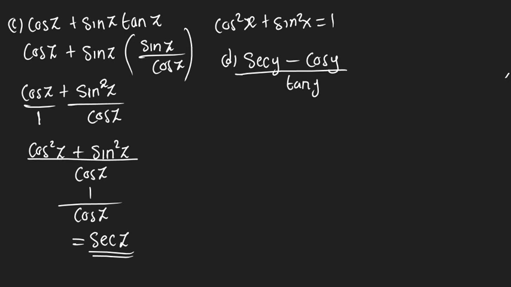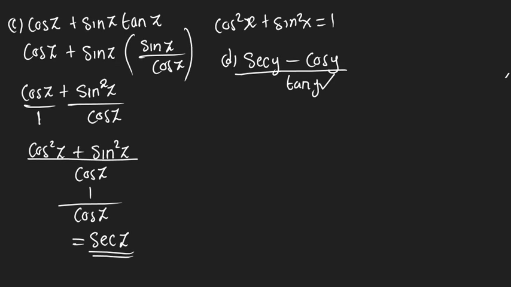Now, remember, I said the key to trig identities is simply to do the right thing and not to know where the question is going. So the first thing that I'm going to do, I'm going to dodge this tan y. I'm going to forget about it. Then I'm going to work with whatever is on top.